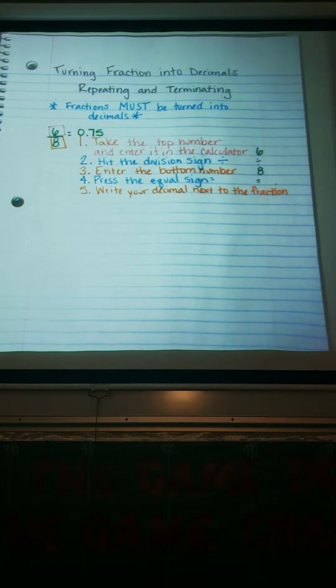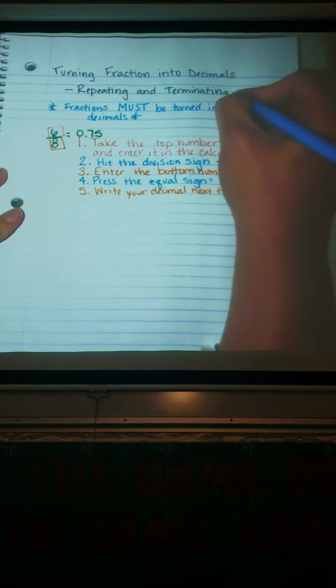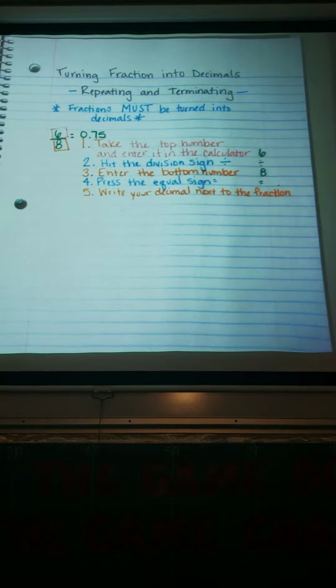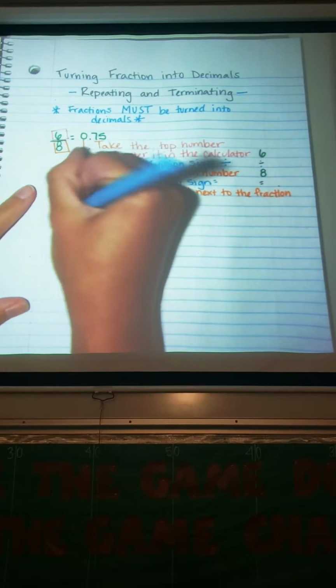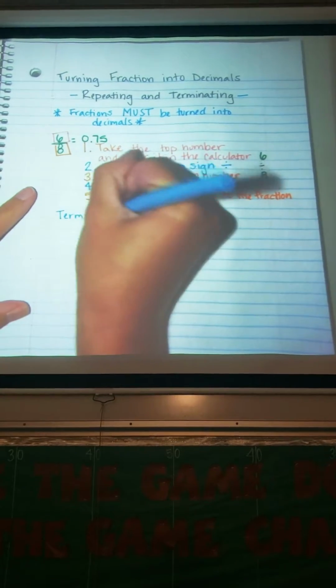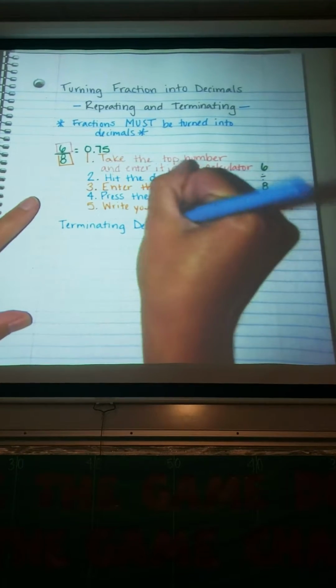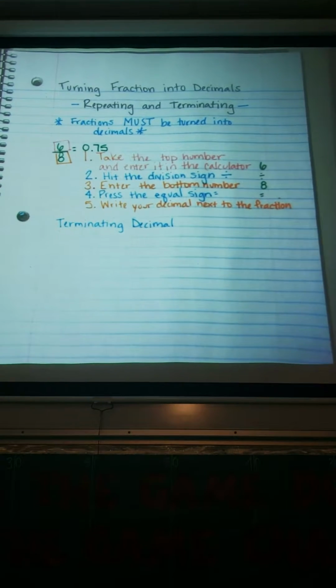Now, we have 2 different types of decimals that we're going to talk about, and those are repeating and terminating. A terminating decimal ends, it terminates.